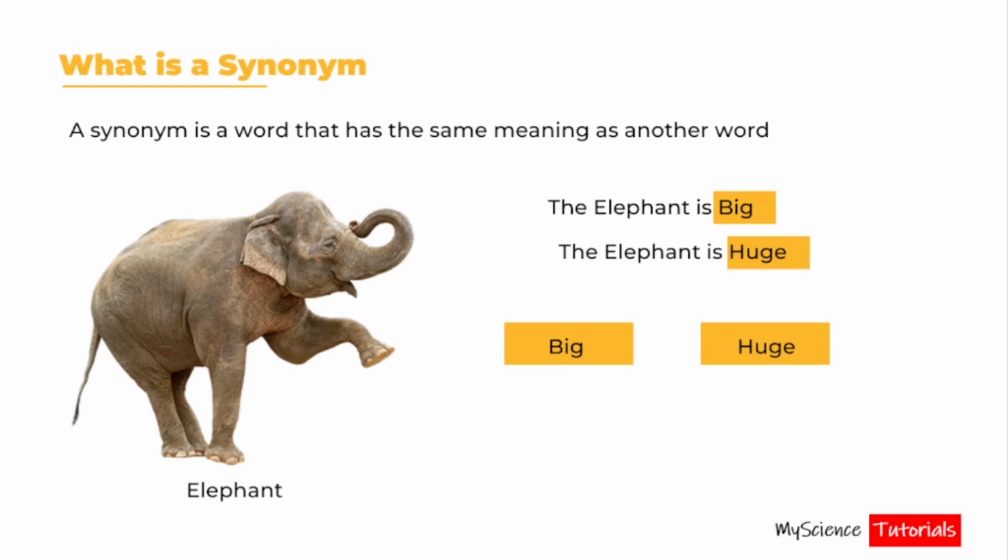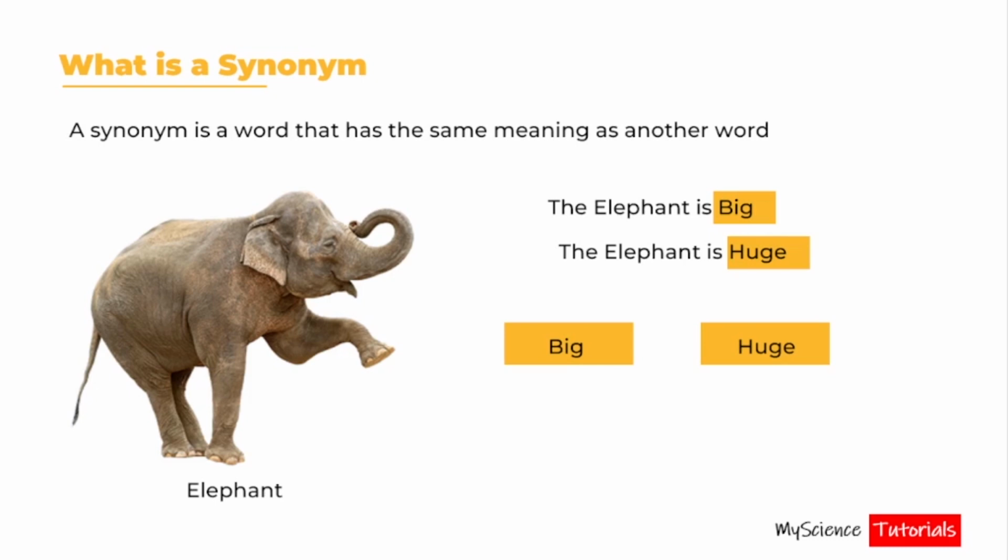They are both describing how enormous, giant, or big the elephant is. So over here, the words big and huge are synonymous. They both mean the same thing. So that is what a synonym is, and that is a typical example of a synonym.